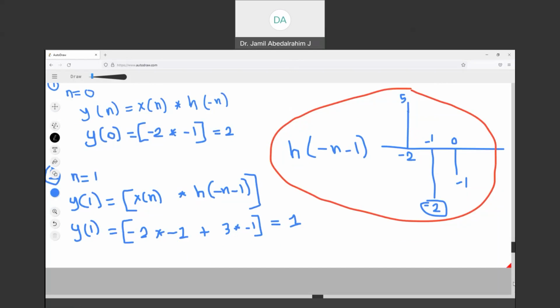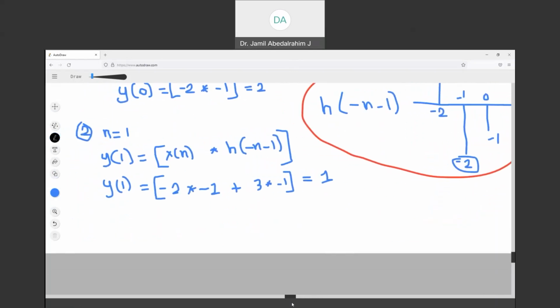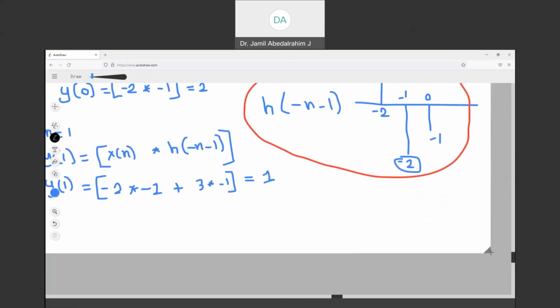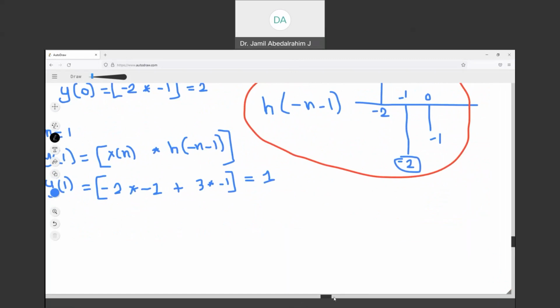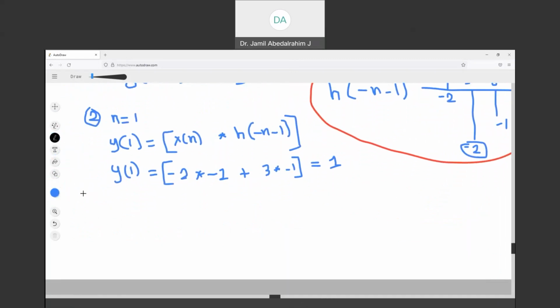Okay, so now the next step. When n equals 2, it means the third step.